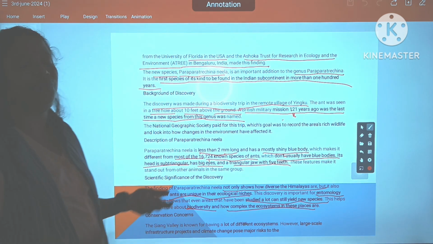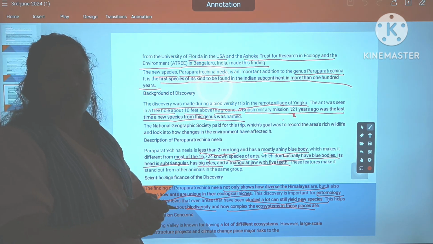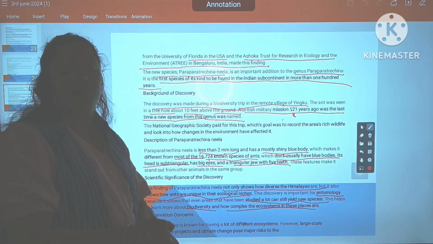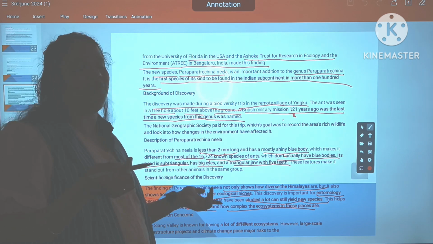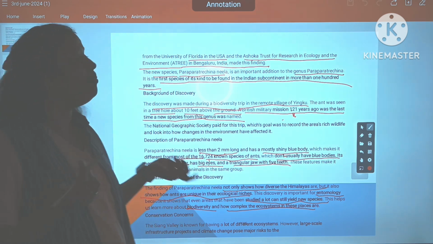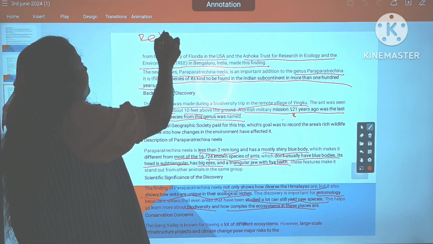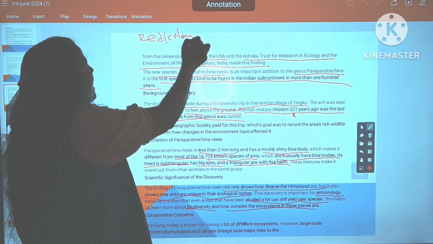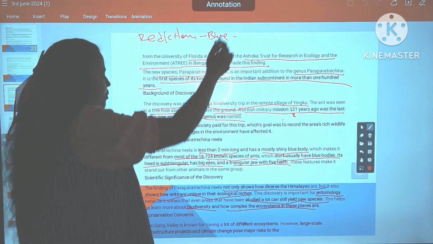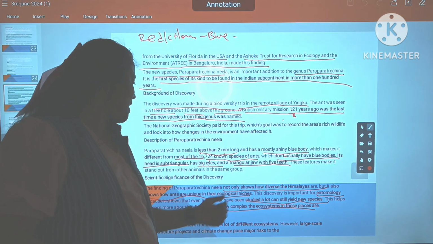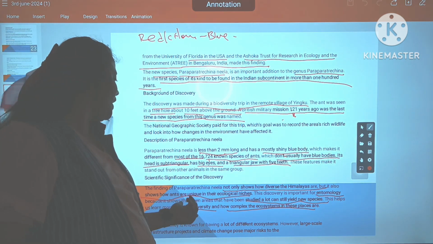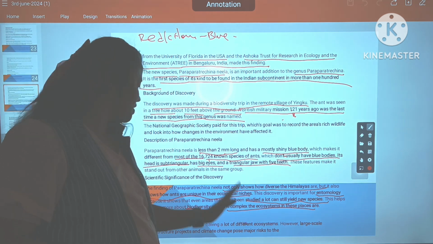Like if you watch a movie like Jurassic Park and see big ants, how much surprise we will get. In the same way, ants are usually red or black, but if we find a blue ant, how much curiosity it gives us to learn about the biodiversity of the nation. How diverse are our Himalayas. And it is important for entomology and ecological niches also.